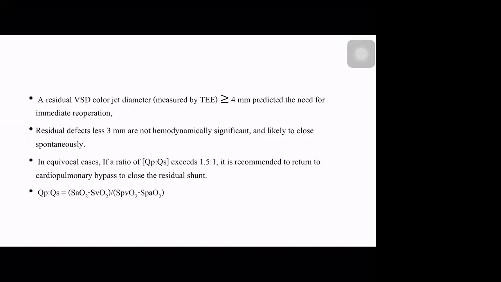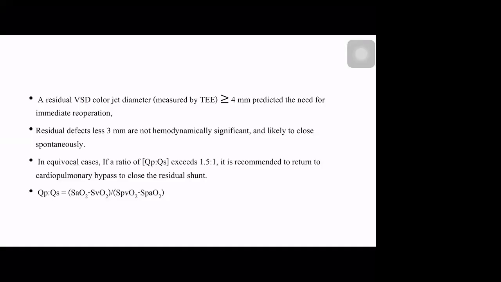Now, we have to collect samples from the central vein and from the pulmonary artery, which will be done by the surgeon, and the arterial saturation which we get from the ABG. Conventionally, we assume that the saturation of the pulmonary vein is 99 or 100%. So based upon these 4 values, we get the value of QP/QS ratio.